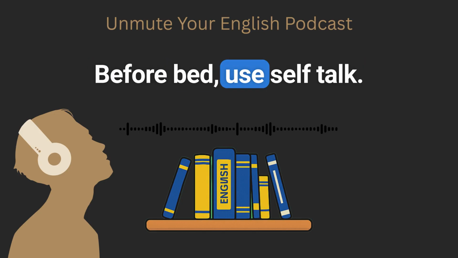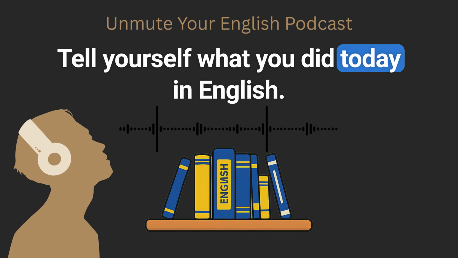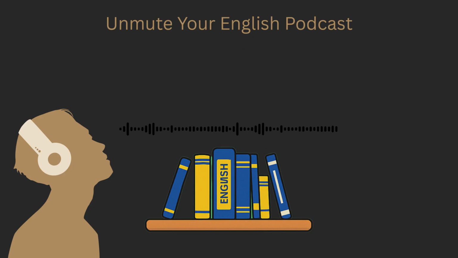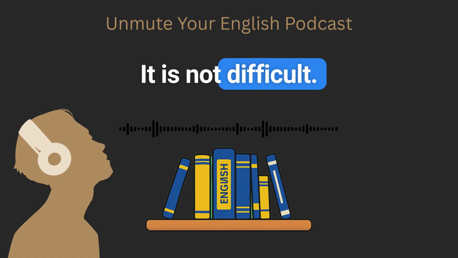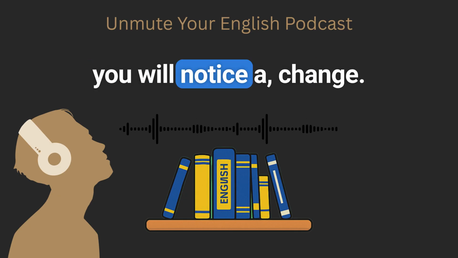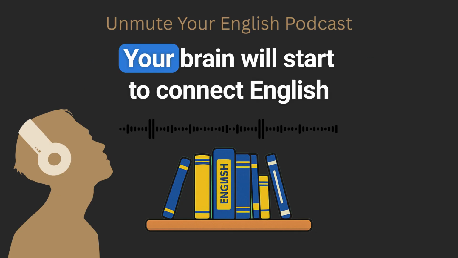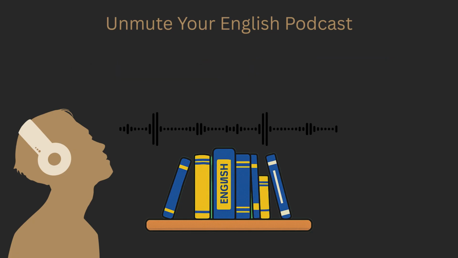Before bed, use self-talk. Tell yourself what you did today in English. This plan is not long. It is not difficult. But if you do it every day, you will notice a change. Your brain will start to connect English with life, not with translation.